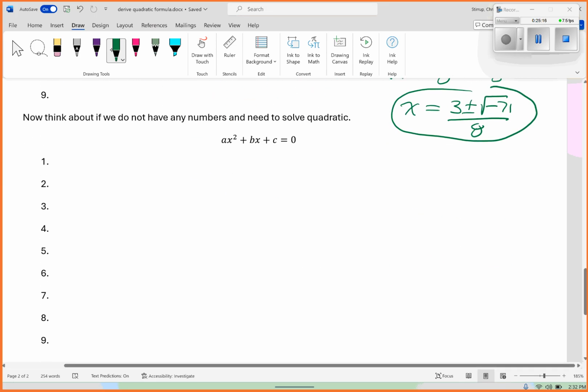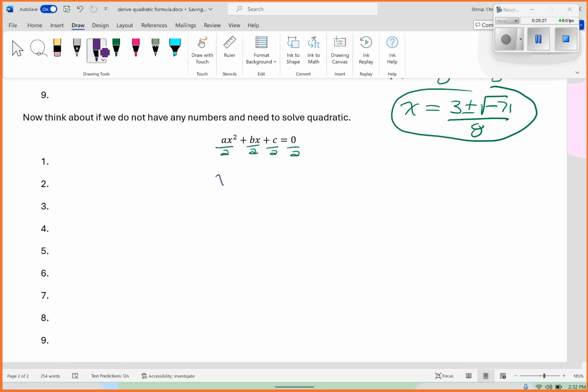All right, the very first thing was I do not want to have numbers, I'm going to have A, B, and C rather than numbers. Is that okay? So that means I have x squared plus b over a x plus c over a equals 0. Agree? Yes. Okay.